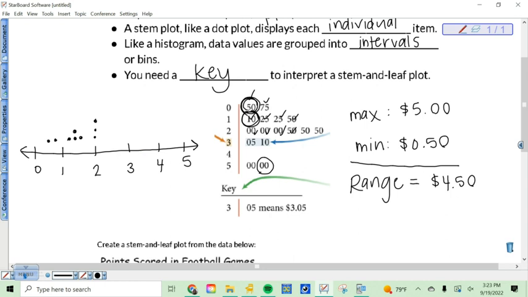And then $2.50, $2.50, $2.50, 3 times. Got $3.05 and $3.10. Those are really close together. And then $5, $5. Cool? What's the mode of this set?